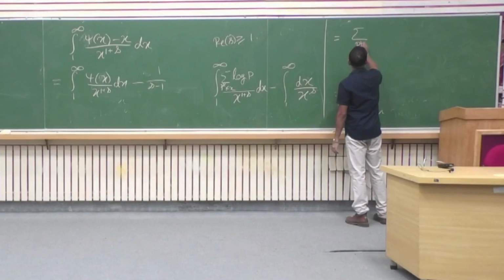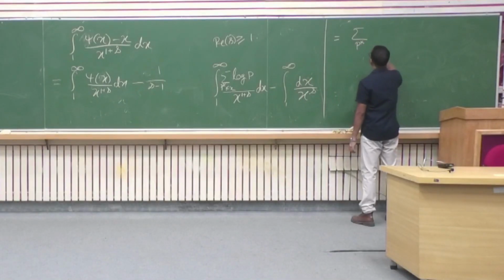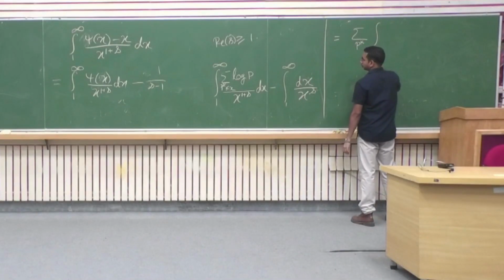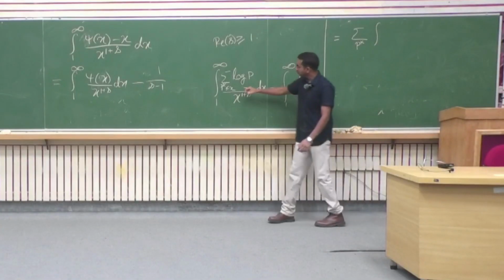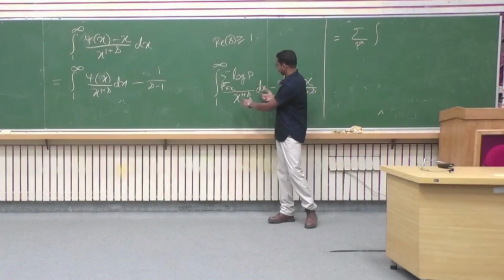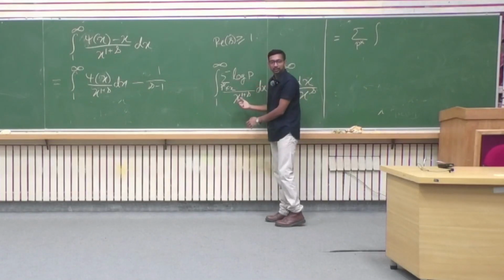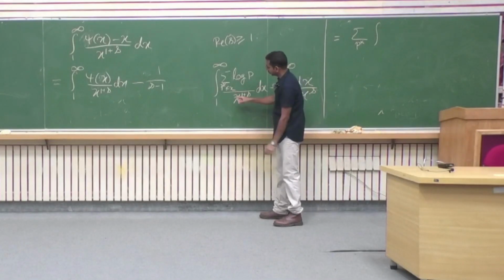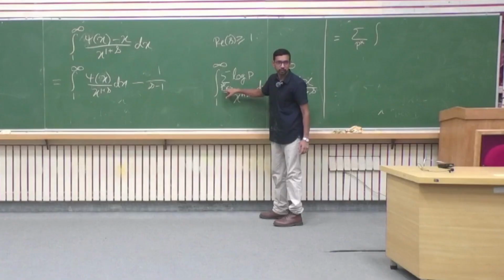So this is the sum over the prime powers, integral from. Now note that this p^k was less than x, right? So if we switch the sum and the integral, that means the range of the integration should start from the prime powers, right?